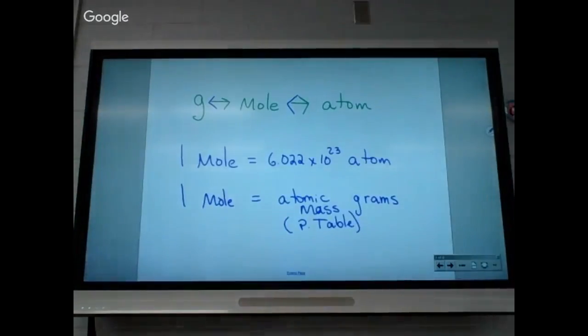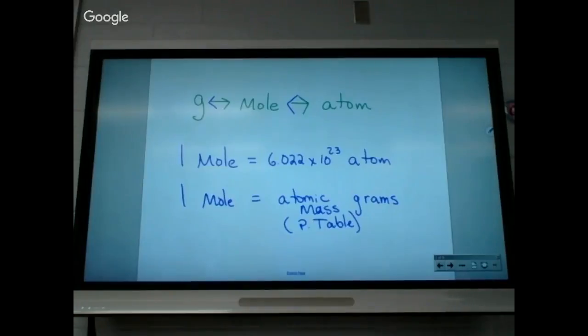Every time. Does that make sense? Okay. Now, those three things are what we need to do the conversions. As long as we've got that, we're good to go.